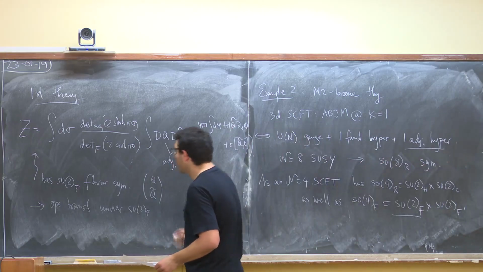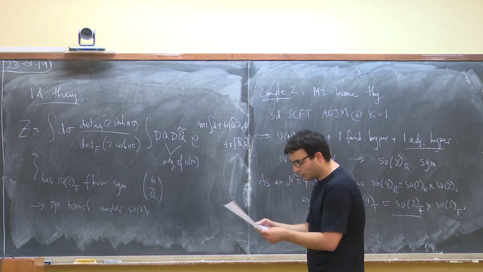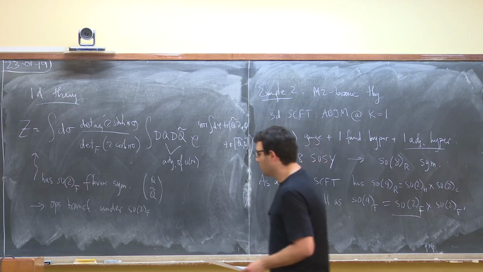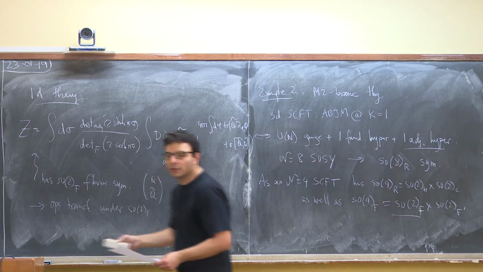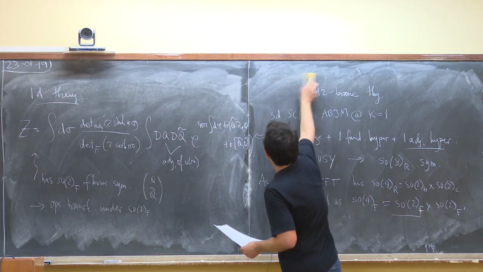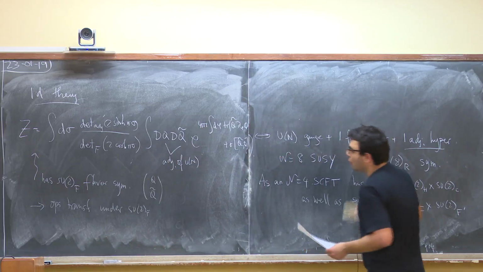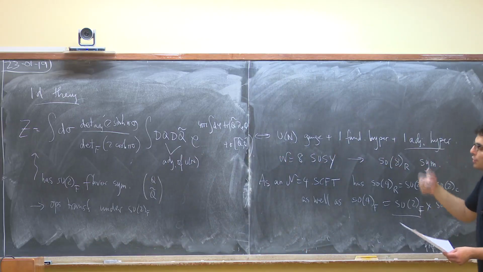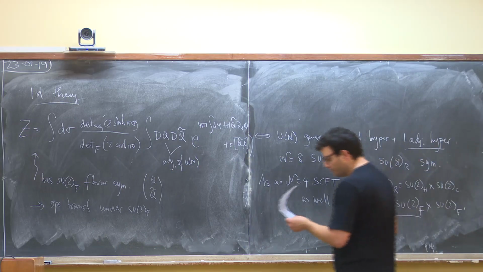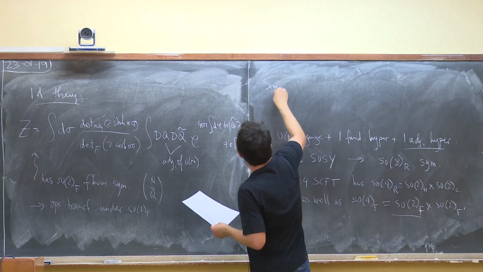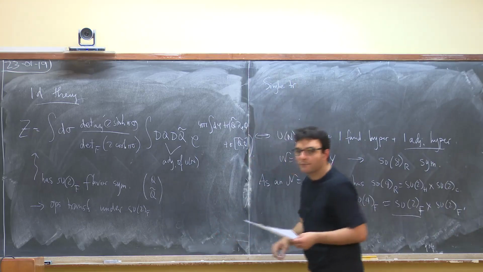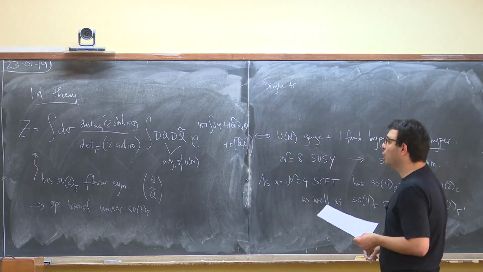If you try to build the operators, you'll find that if you look at the single trace operators, because these are the ones that we're interested in, there's one single trace operator for each spin of SU(2)_F. Usually Q tilde transforms under the R symmetry. Not Q and Q tilde.